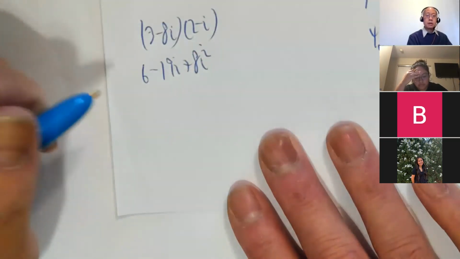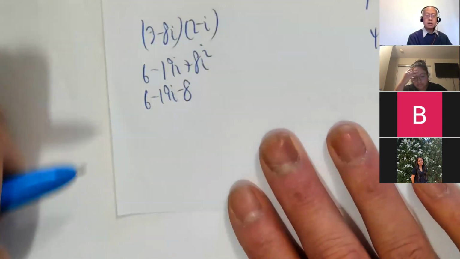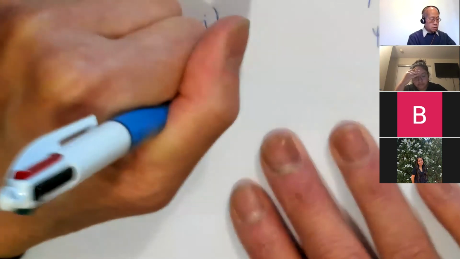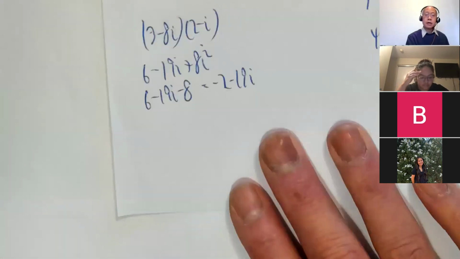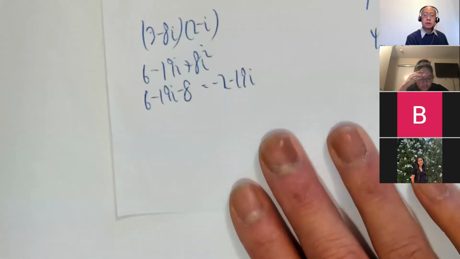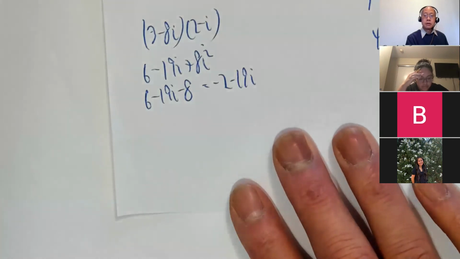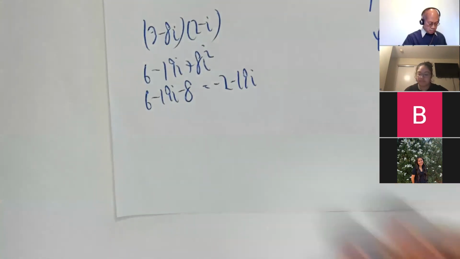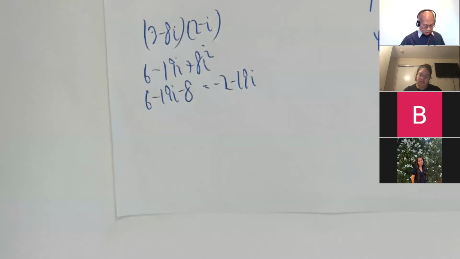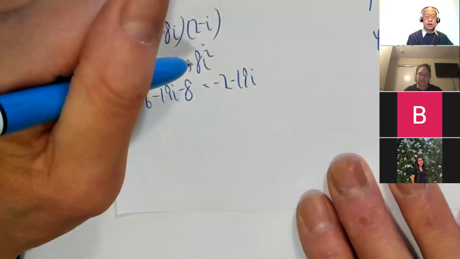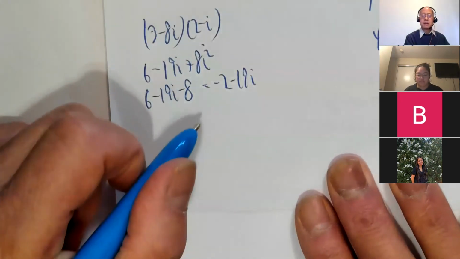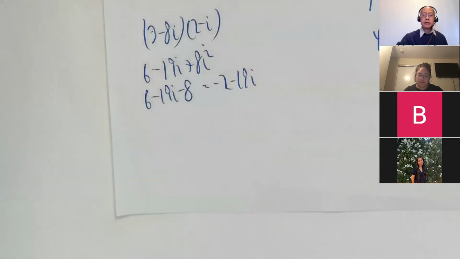Yeah, that's what I had. Okay. Which is 6 minus 19i minus 8. Mm-hmm. Or negative 2 minus 19i. And that's not what I had at first? Maybe it was a different problem, but I just wanted to make sure, and I think I do know that I was right, so I don't remember. Yeah, this is right. I may have done it wrong. Okay, that happens. No worries. Thank you. Okay, all right.